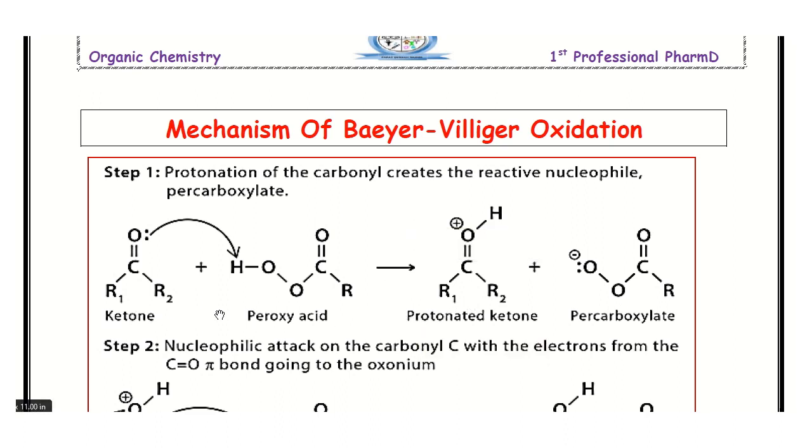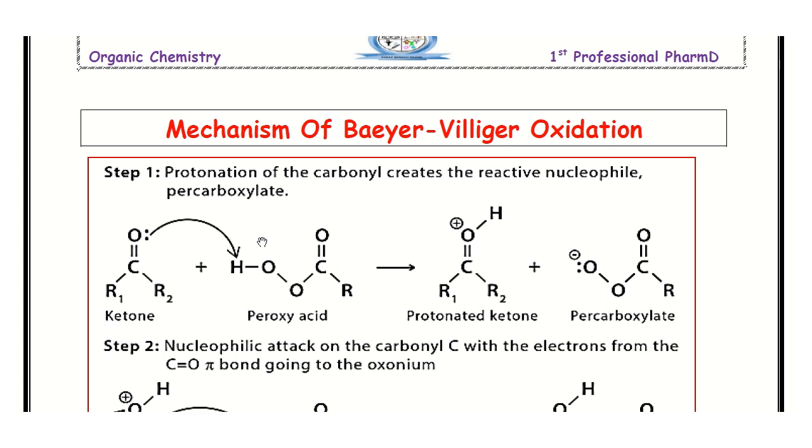So how is this protonated ketone formed? We know oxygen has a lone pair of electrons. When this lone pair comes in contact with the peroxy acid, the proton from the peroxy acid is attacked by the lone pair of oxygen and gets attached over here, and that's how the ketone is converted into the protonated ketone.